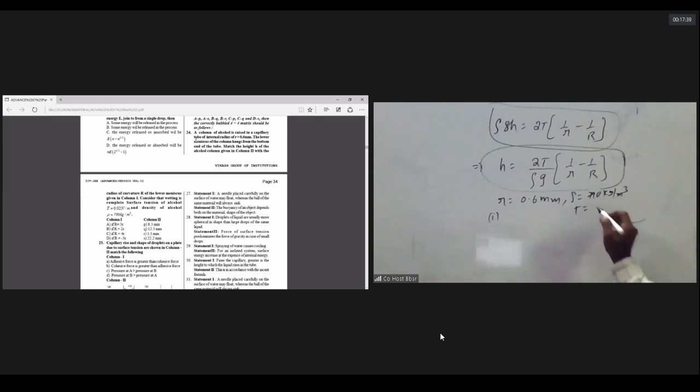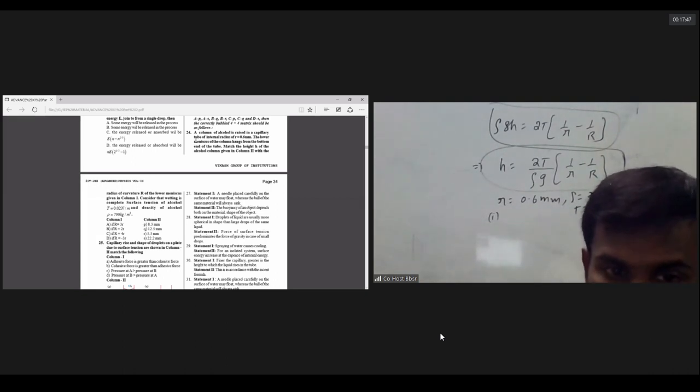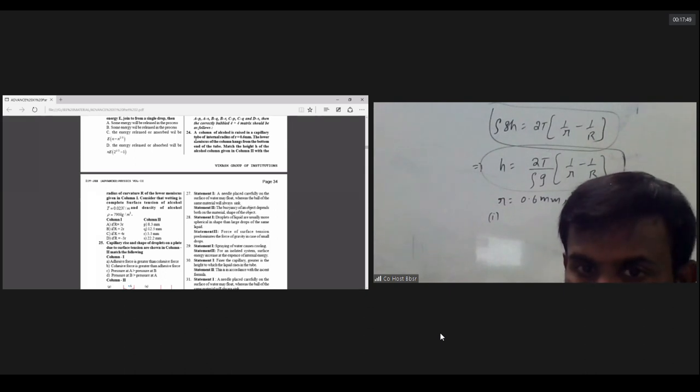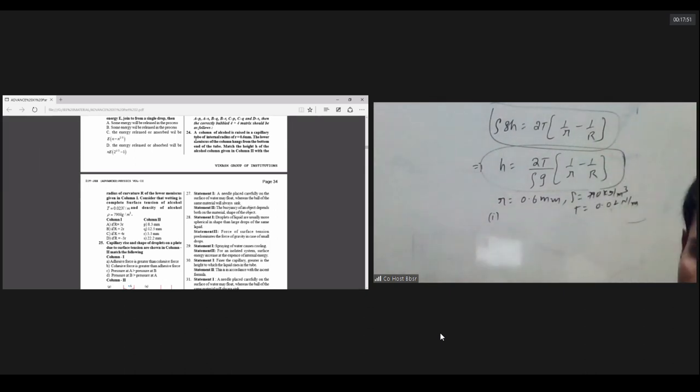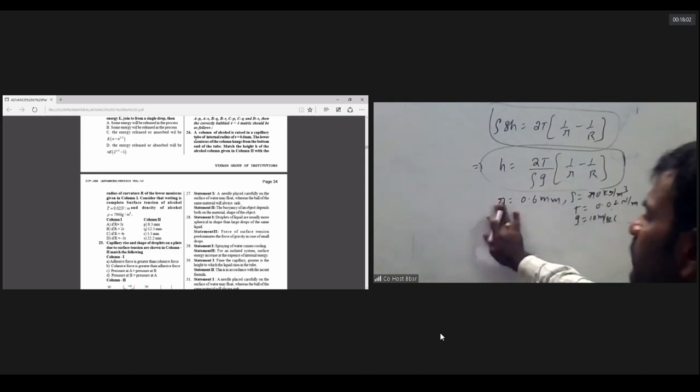Surface tension T is given 0.02 Newton per meter. Now g value is of course not specified, you can take g as 10, then no problem, because 790 times 10 is easy for you.